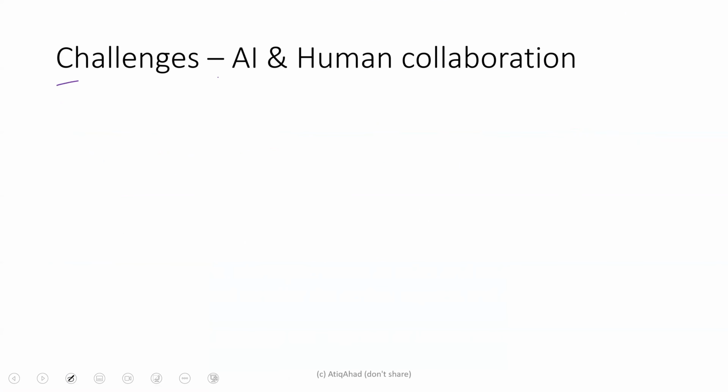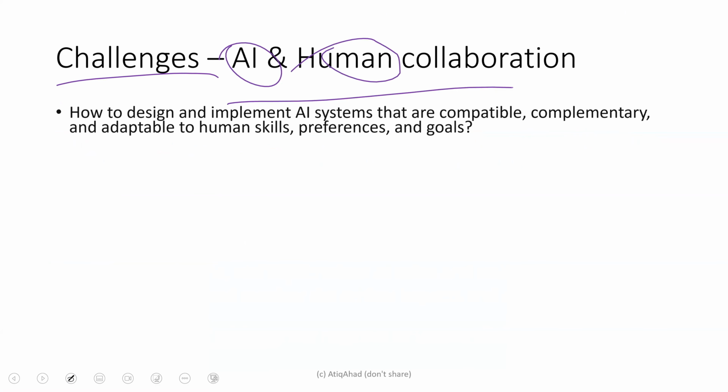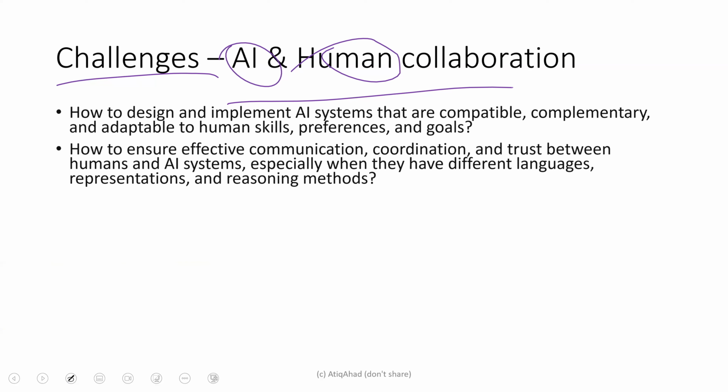Now, the challenges. When we consider AI and human collaborations, what are the challenges? How to design and implement AI systems that are compatible, complementary to each other, adaptable to human skills, preferences and goals? How to ensure effective communication and coordination, and so on.